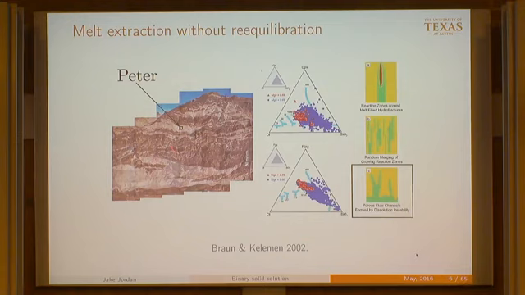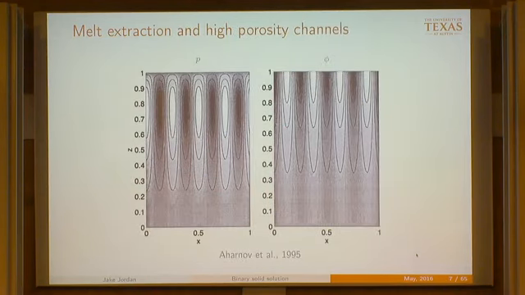There are a couple of mechanisms that Braun and Kelemen proposed in their 2002 paper, where all of these plots are from. But one of the popular ones is porous flow channels formed by this sort of reaction dissolution instability. And this has been modeled.